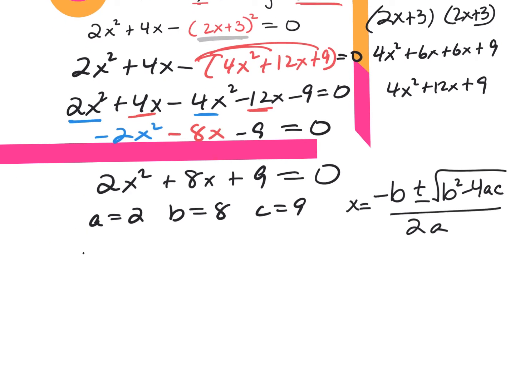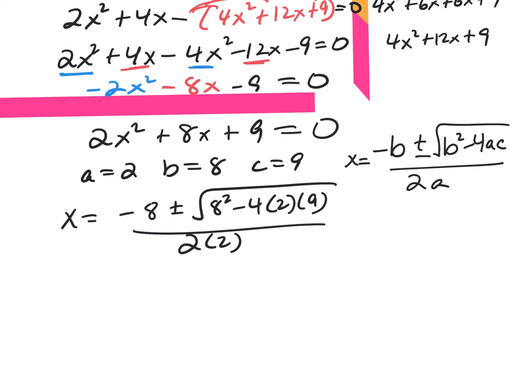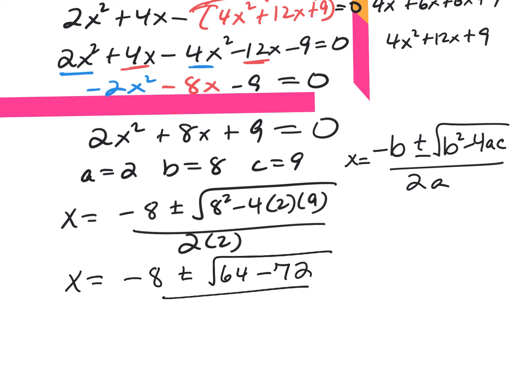So let's plug it in. Negative 8 plus or minus the square root of 8 squared minus 4 times a times c, all divided by 2 times a. X equals negative 8 plus or minus the square root of 64 minus 72.